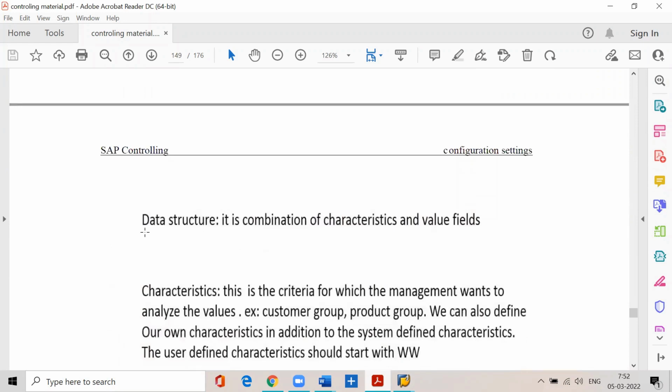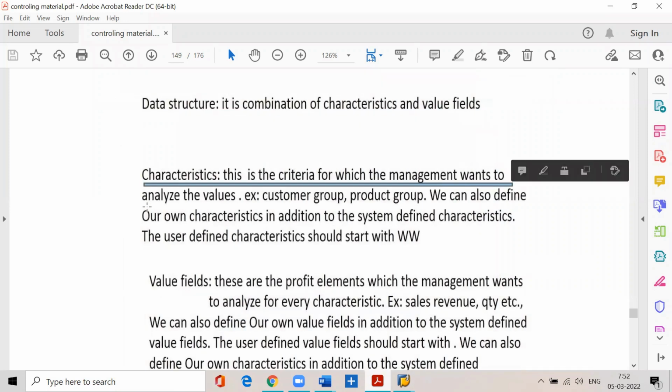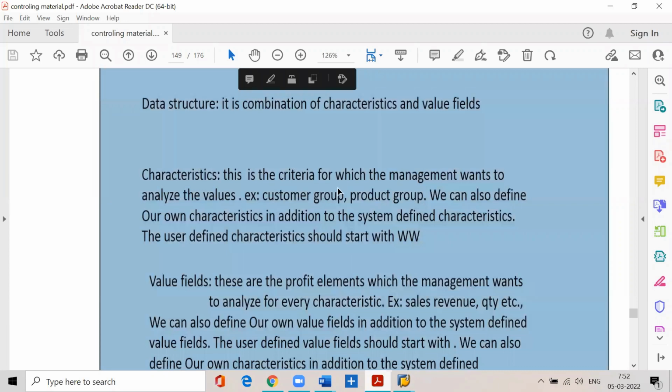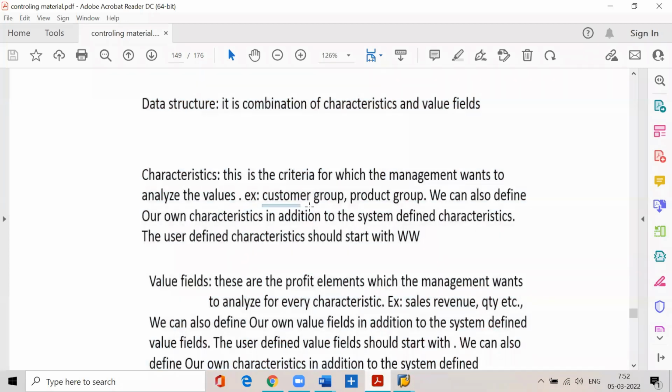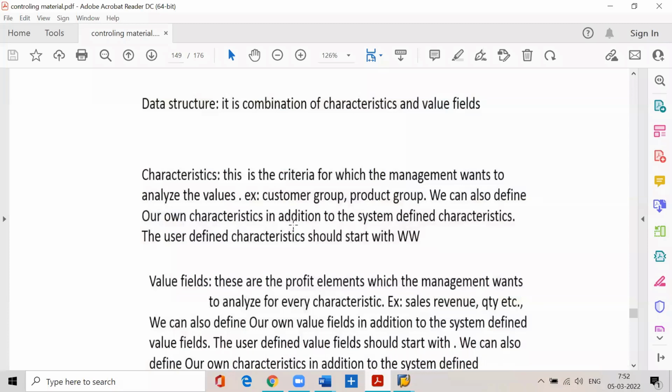So data structure is the combination of characteristics and value fields. Characteristics means the criteria for which the management wants to analyze the values, like customer group, product group, etc. We can also define our own characteristics in addition to the system-defined characteristics.